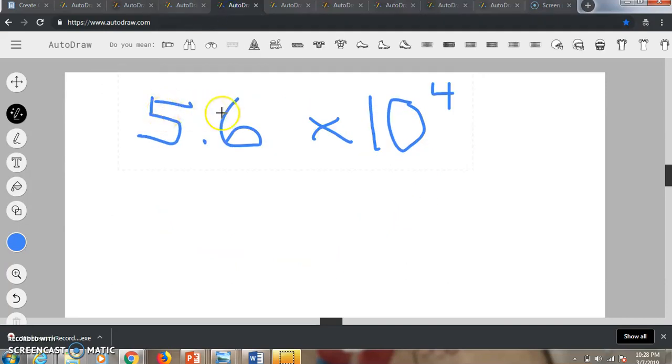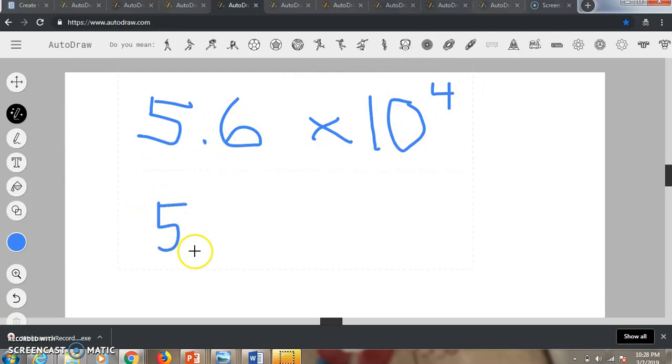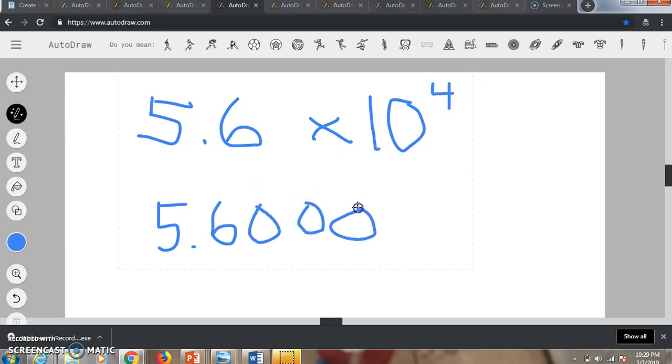Next one, 5.6 times 10 to the power of 4. So this is in scientific notation form. You need to write it in standard form. So I would rewrite the decimal. And then since it's to a positive 4 power, I would add 4 zeros, 1, 2, 3, 4, and then move the decimal to the right 4. 1, 2, 3, 4.